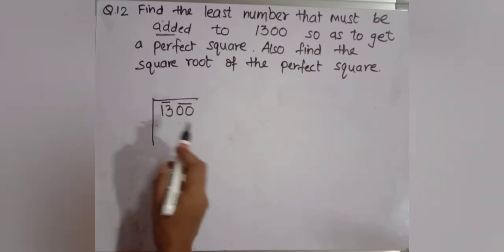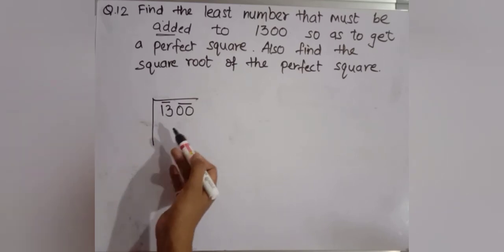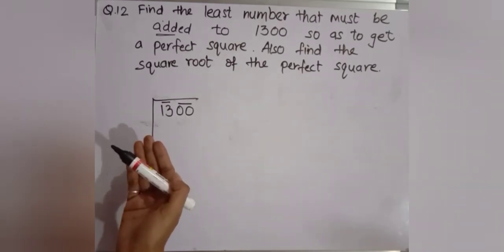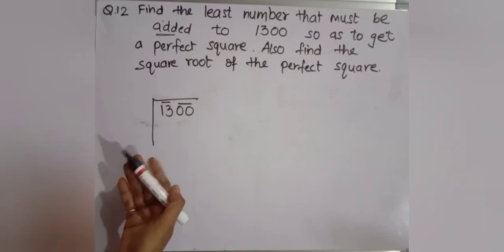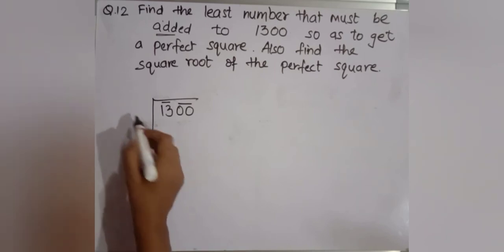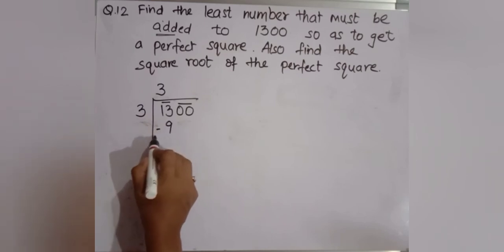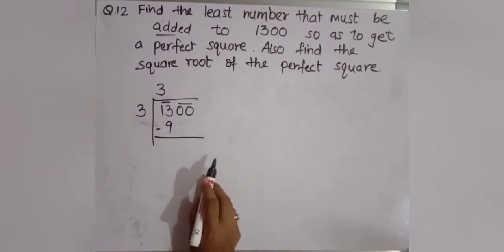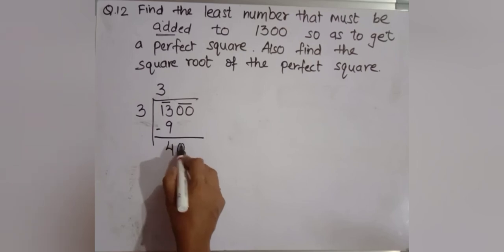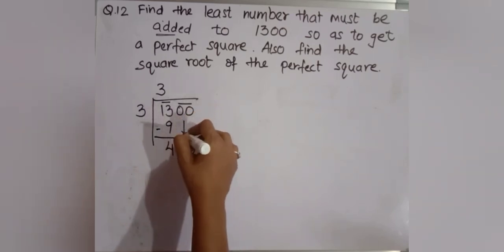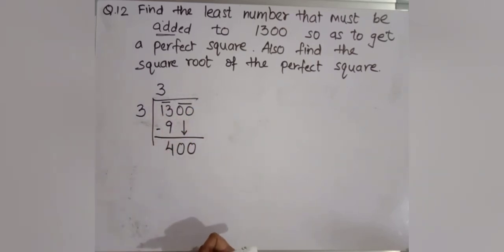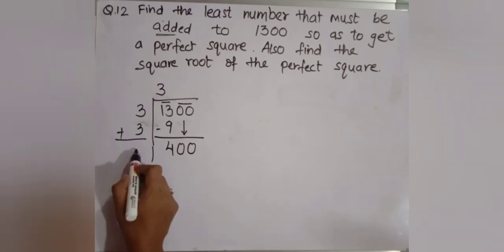Again with the division method, making the pairs, find the greatest square number less than 13. We have 3 into 3, 9. Subtracting 9 from 13, we get 4, and bringing down the 2 zeros, we have 400.